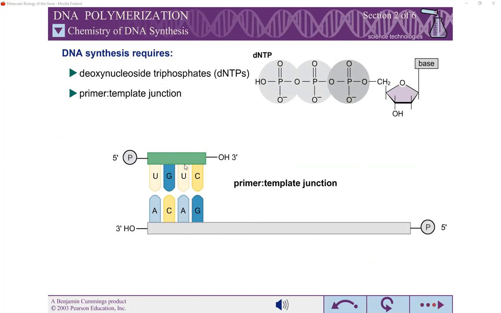Once the primer is bound to the template, it will have a hydroxy group, the 3' hydroxy group. This 3' hydroxy group would be extended with the help of the DNA polymerase enzyme, which is going to extend it indefinitely.